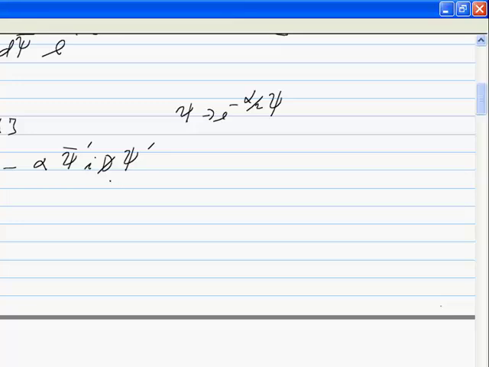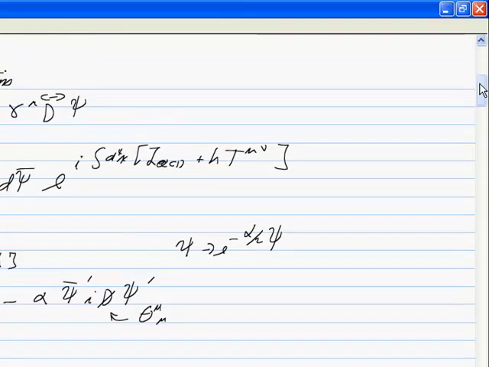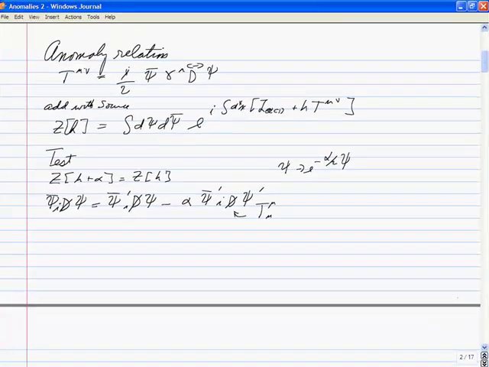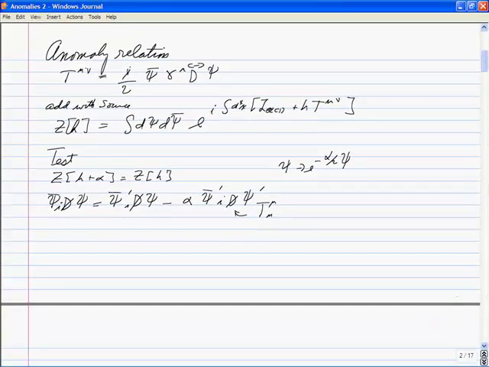This piece here is the trace of the energy momentum tensor. If I take its trace, T mu mu, I get psi bar d slash psi, just like we have there.